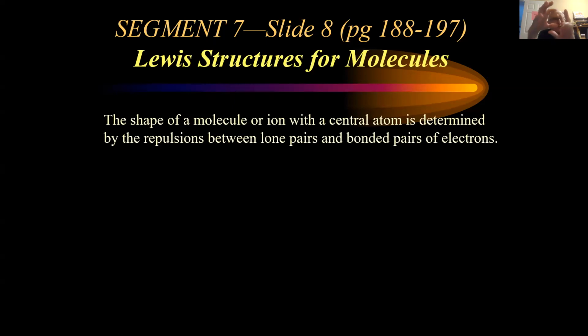It'll allow us to predict bond angles and things like that. And then when we look at electronegativities, we can even predict the spots along a molecule that might carry a positive or a negative charge. That's going to be really important when we get to Gen Chem 2, and especially also for organic.